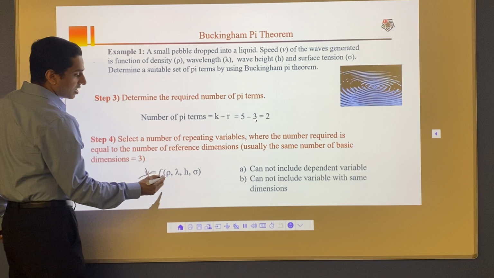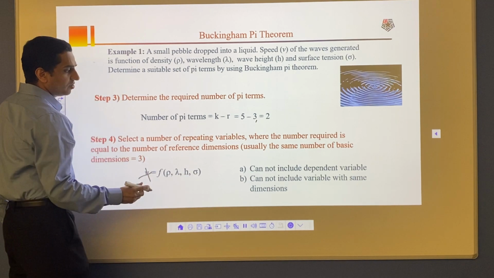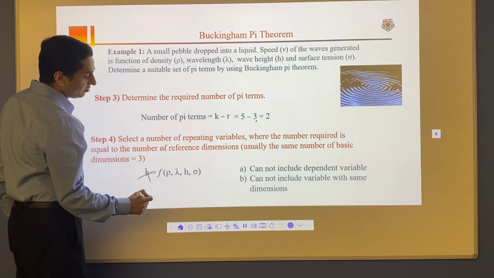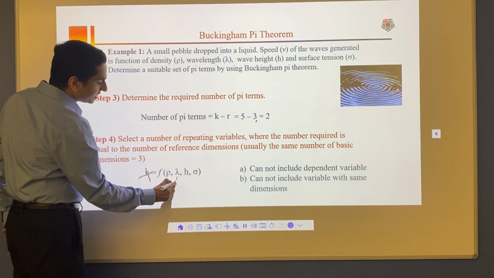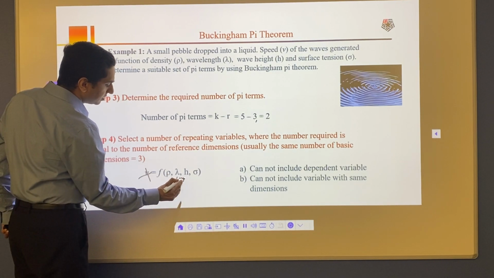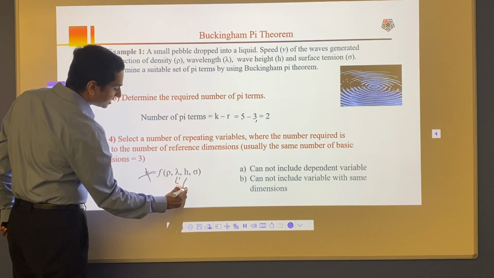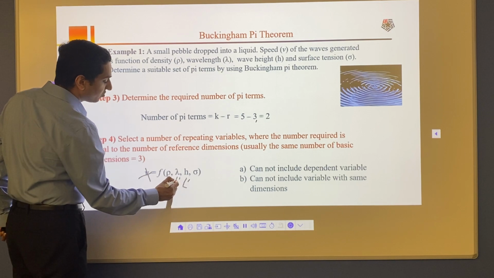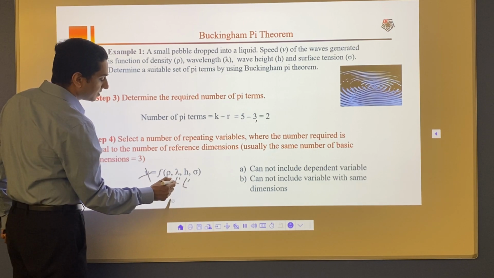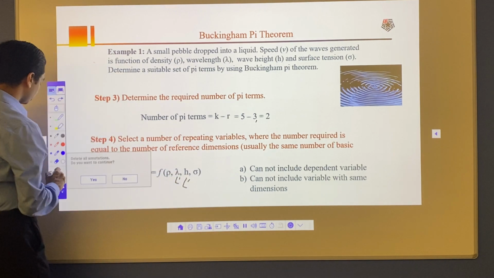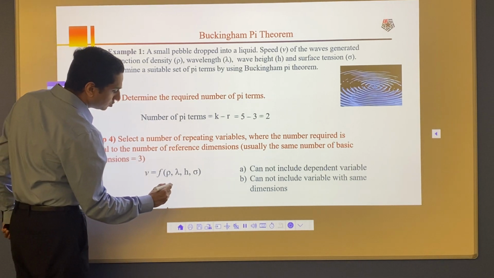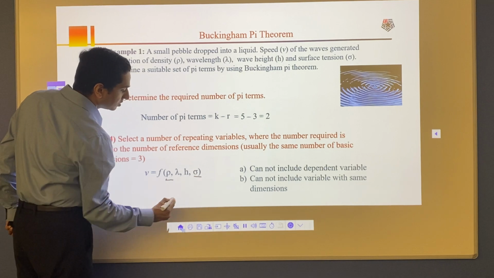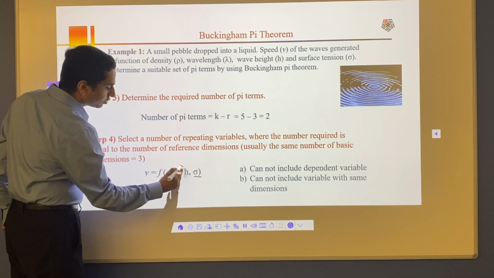And then out of 4 I have to choose 3 now, and it says it cannot include variables with the same dimensions. So here, if you look, wavelength has the same dimensions L1, height has the same dimensions L1, and therefore I can choose only one of them. I cannot choose both of them. So for this problem I am going to choose density, I am going to choose surface tension, and then one of them.